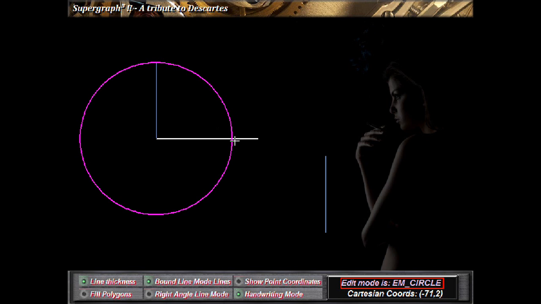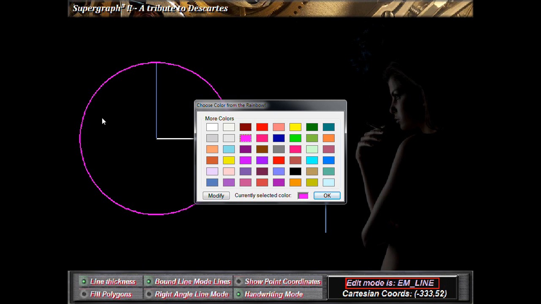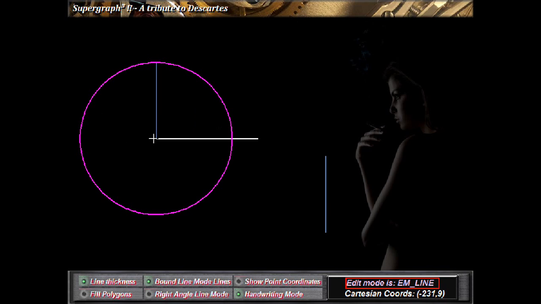Okay, and now we have constructed this point from which we can now produce this line. It'll be in this color if you want. I can now draw a line bounded from here to here, and it's underneath there.